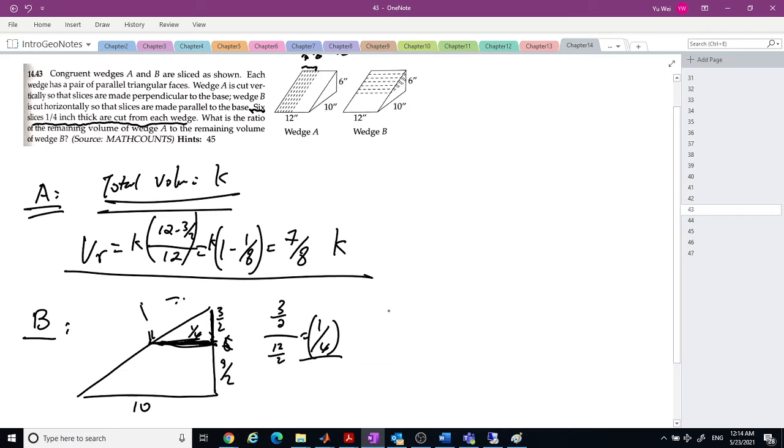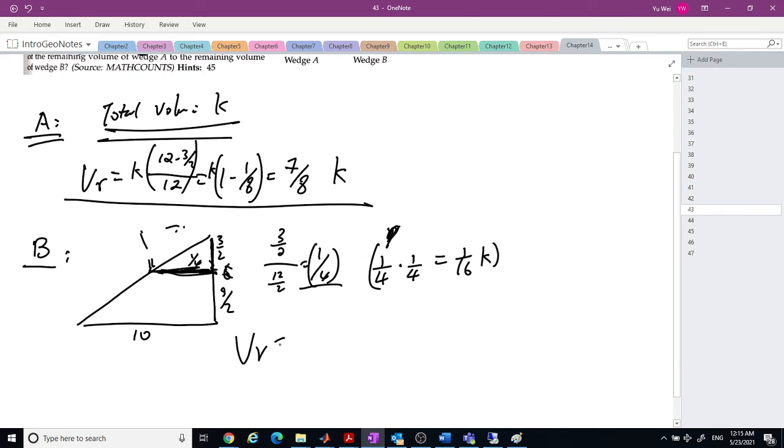So now what we cut is 1/4 of the S times 1/4 of the height. Okay, so that's we cut 1/16 of K, right? So the remaining, that's why the V remaining is 15 over 16 of K in B.